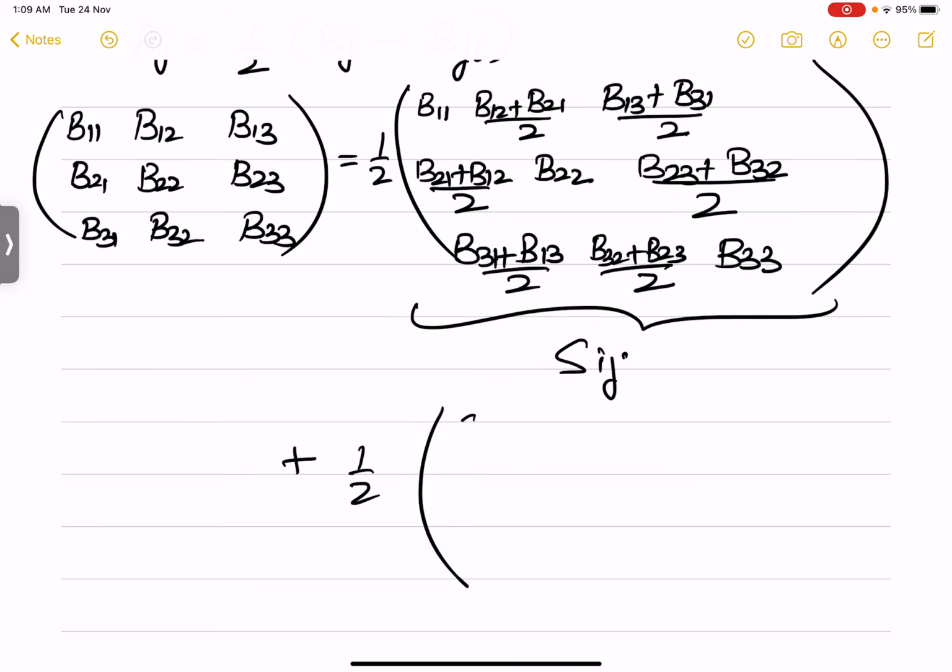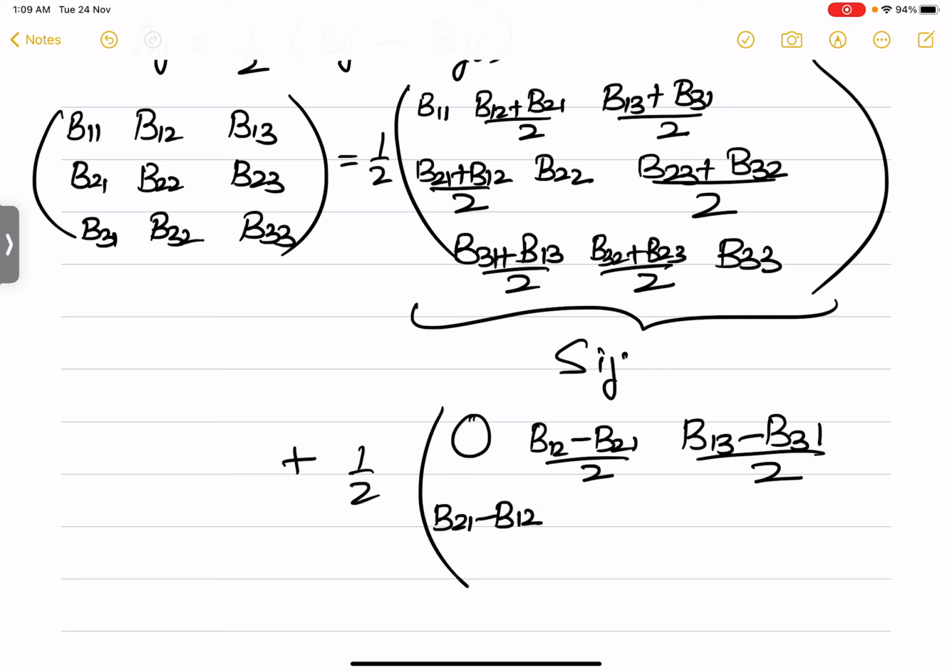B11 minus B11. So the diagonal terms will all be 0, and then this will be B12 minus B21 by 2, B13 minus B31 by 2, and this term will be B21 minus B12 by 2. So these two are negative of each other.